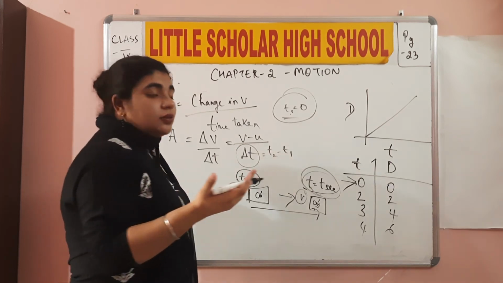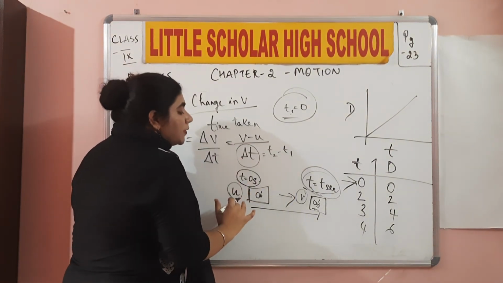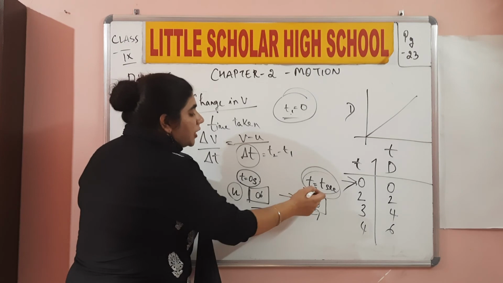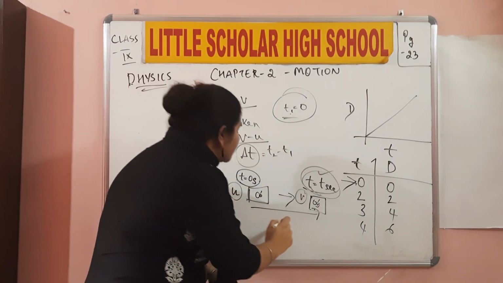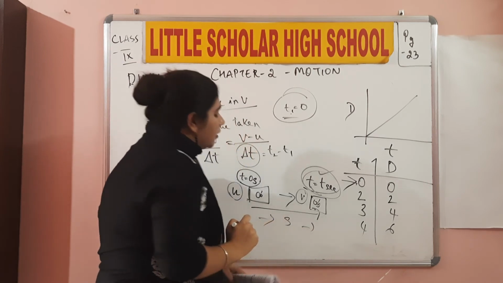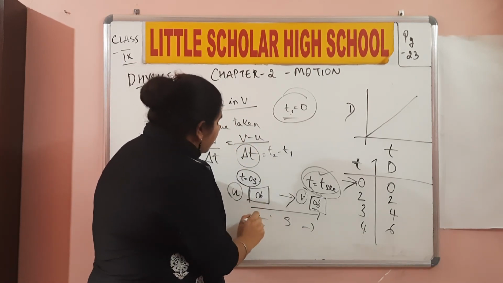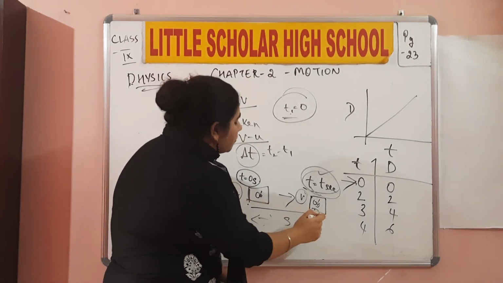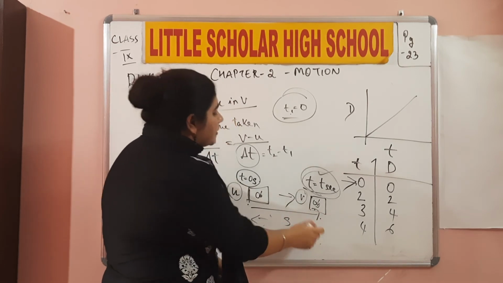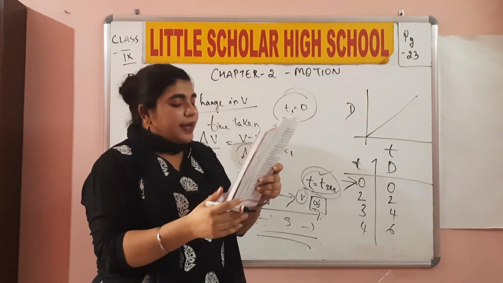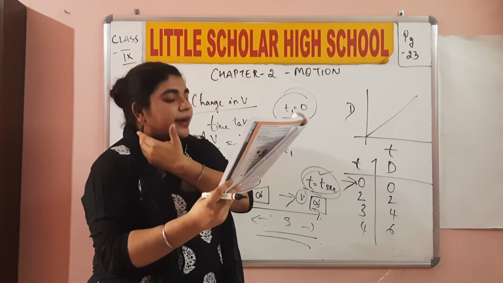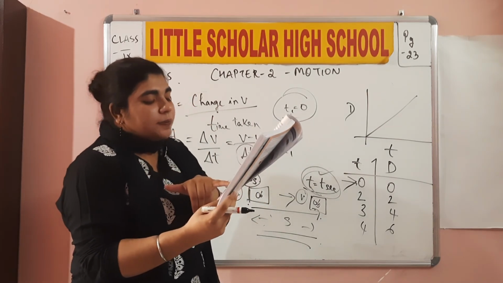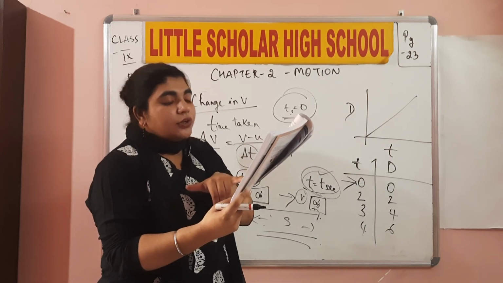So the velocity changed from initial velocity to final velocity in t seconds. Did you understand? And it has covered a certain distance s. Everybody's clear with this? The object has moved from point 1 to point 2 and it has covered a certain distance which is represented by s. So let v be the velocity at time t and let s be the displacement covered by the body during time t.